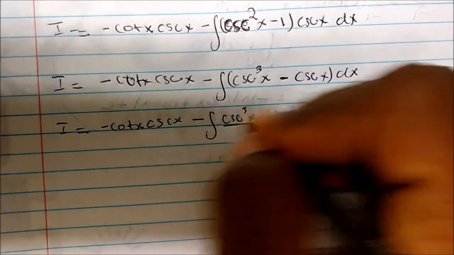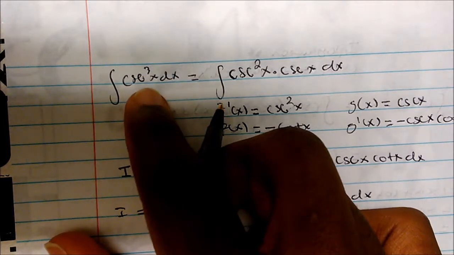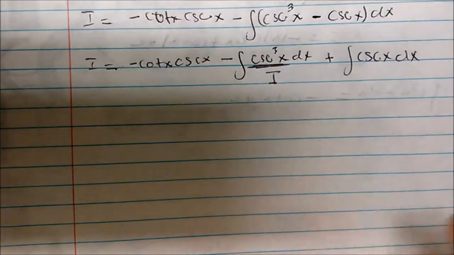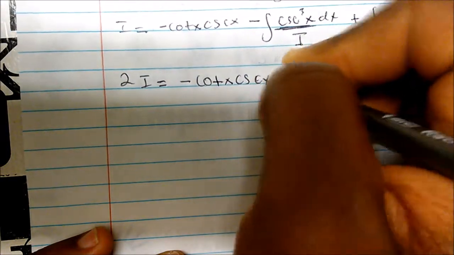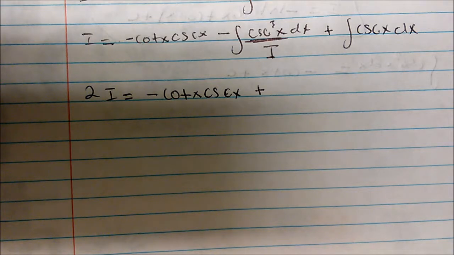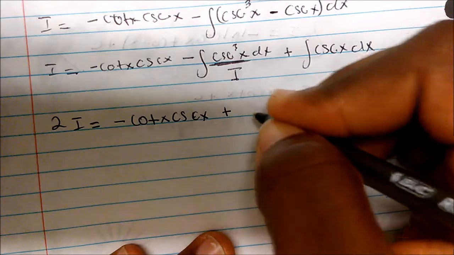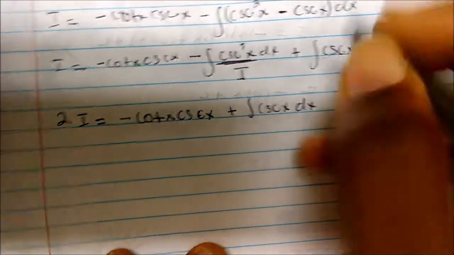Okay, and you can see here we have the original integral back, I, which is essentially what we wanted to find. So if I add I on both sides, this becomes 2I, and that is equal to negative cotangent of x cosecant of x plus the integral of cosecant of x dx.